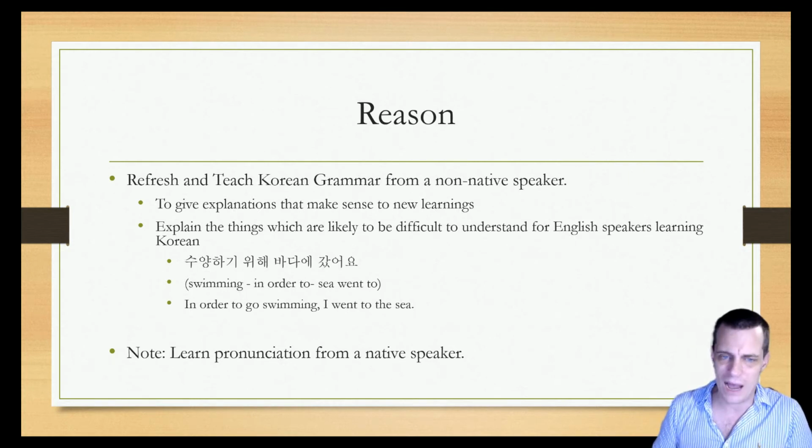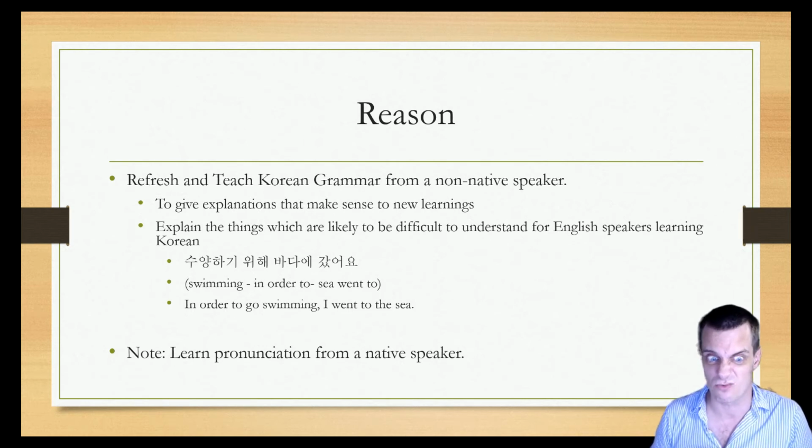However, how I learnt to get this sentence right really quite easily was to switch up the way I said the English sentence. So now, instead of saying, I went to the sea in order to go swimming, I will say in English, in order to go swimming, I went to the sea.